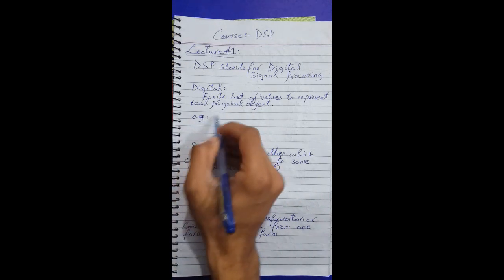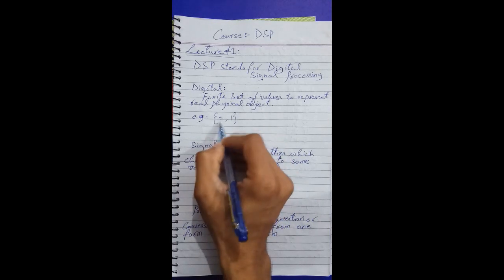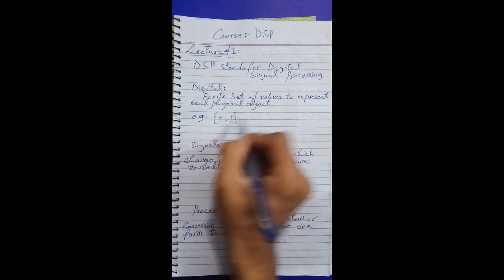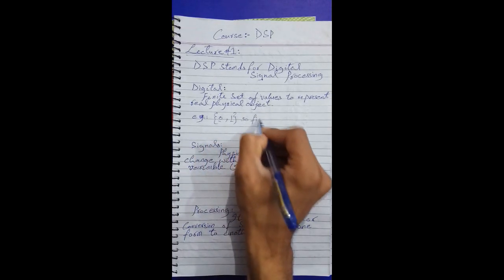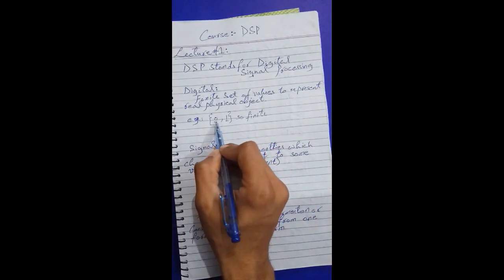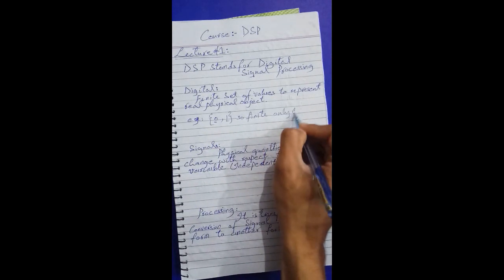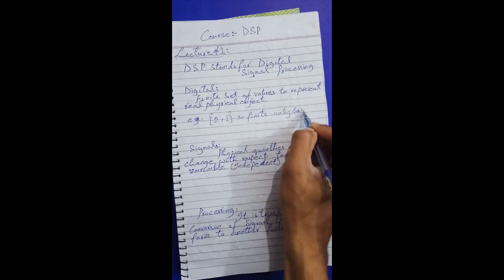We take the example of the set 0 and 1. 0 and 1 has two elements, so it is finite. The real objects it represents are only 2 because it has two elements.